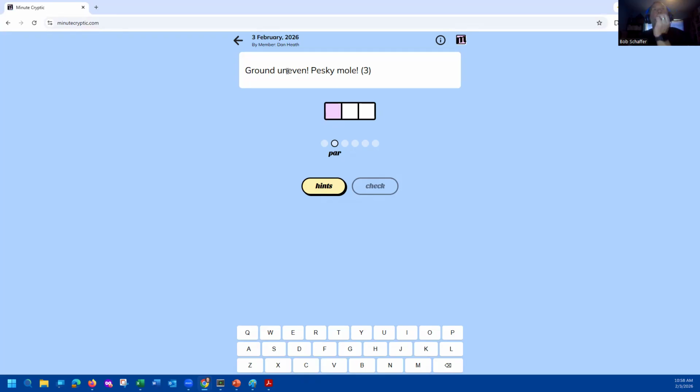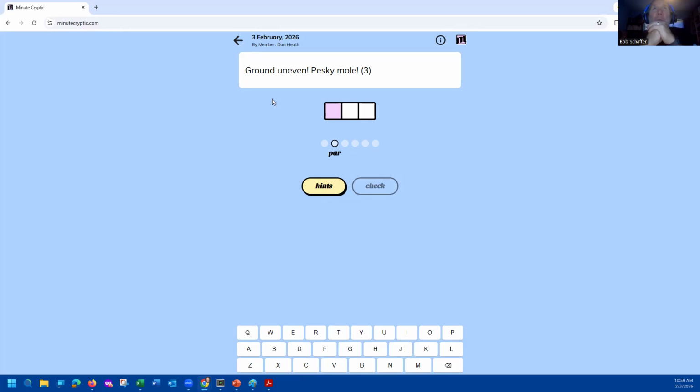The uneven parts are the G and the D. ROUN are nice and flat and even, but I don't know if that means anything. There's no E's to get rid of. There's not enough of them. I don't know what else I would do if uneven was the indicator.